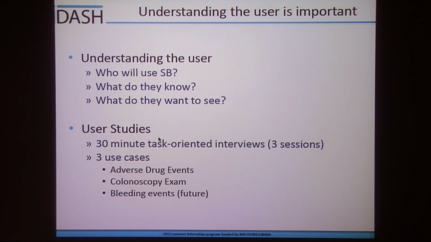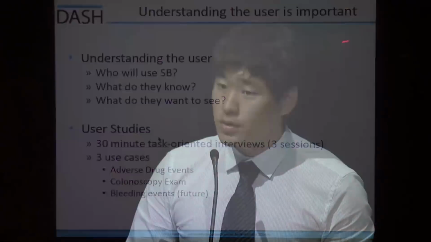And so the things that we're interested in knowing is, what are the categories of concepts that they use? And what are the individual attributes that are attached to these concepts? And finally, we want to know, what do the users want to see as a final output? Do they want to see a form, a flow diagram, a timeline, or does it have to be interactive?